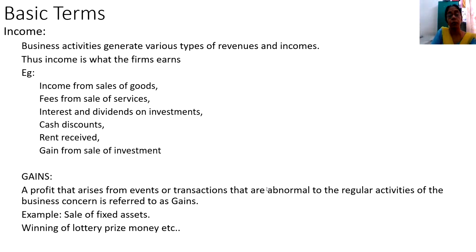If I am a business person not trading with buildings, but my personal building has become very old and I sell it and buy a new one, and in this course I have made a huge profit, this is an abnormality of profit. I am not trading with buildings at all here. So the sale of fixed assets has resulted in my making huge profits. These are examples of gains made in the business unit.